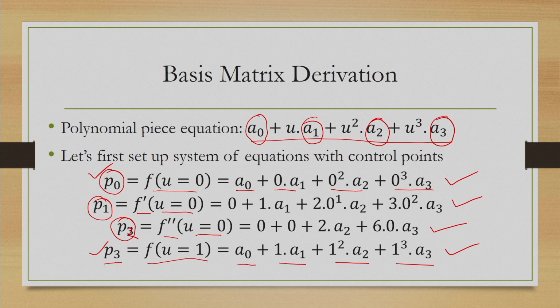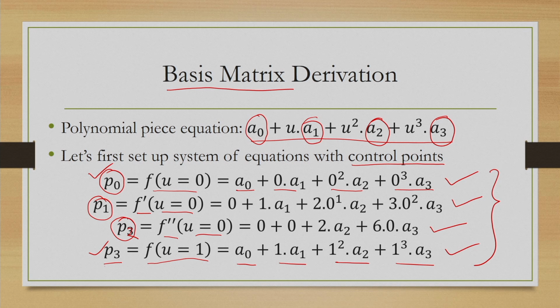So, these 4 equations represent the system of equations that we can obtain by utilizing the control point characteristics. And from this set of equations, we can derive the basis matrix.